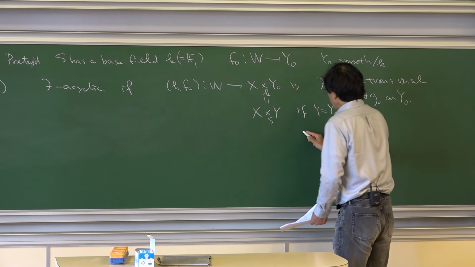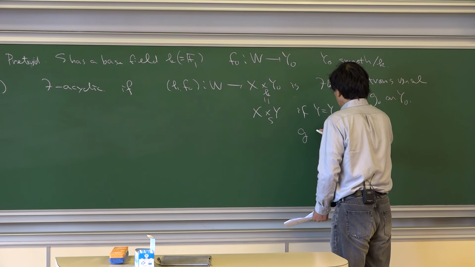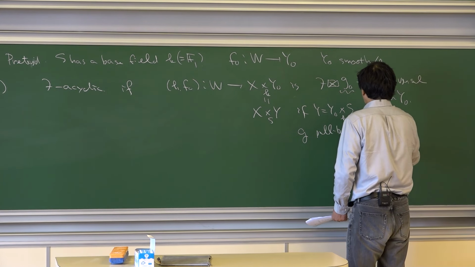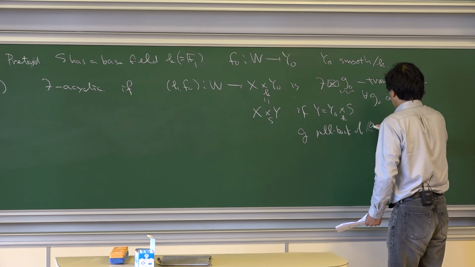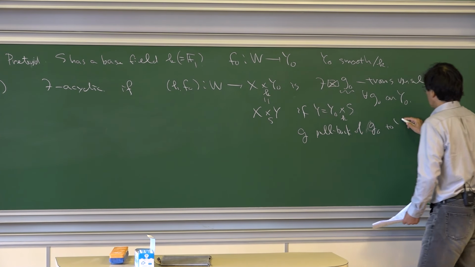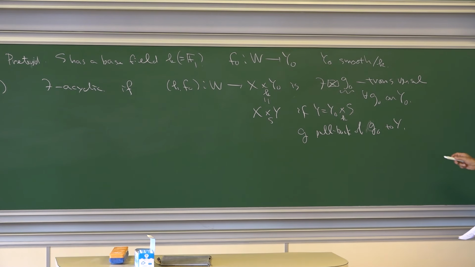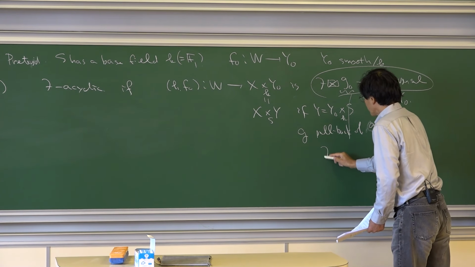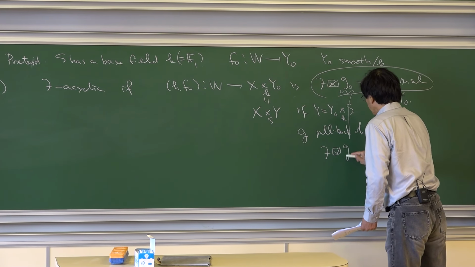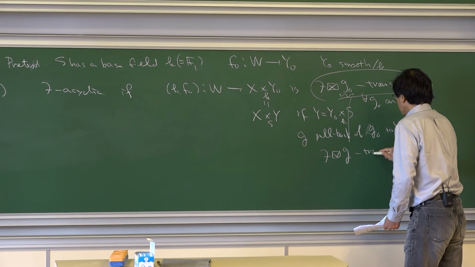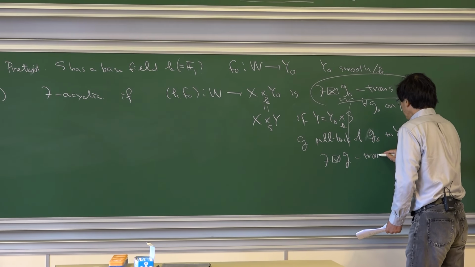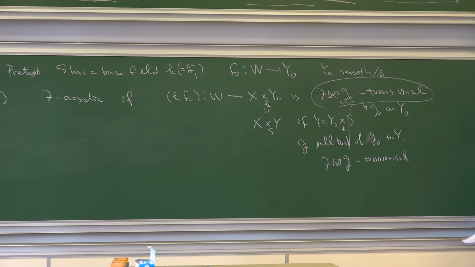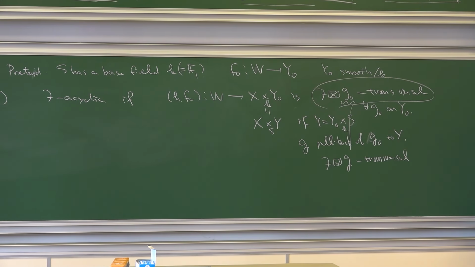If you take G to be the pullback of G0 to Y, then you can also write the transversality like this.